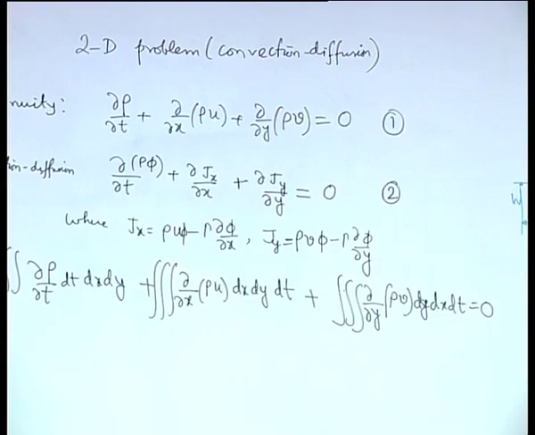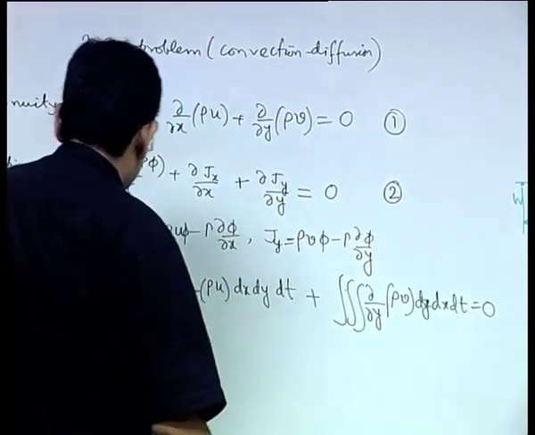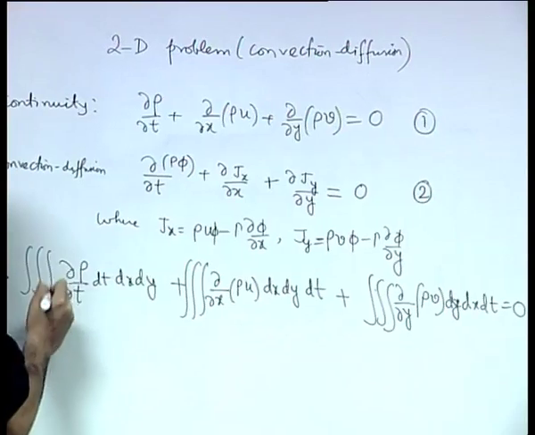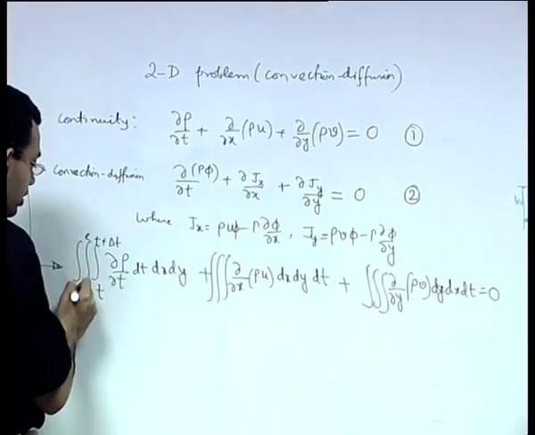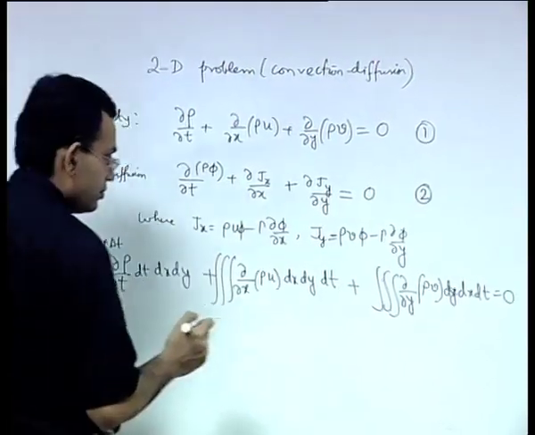The limits of integration are from time t to t plus delta t, from x small w to small e, y small s to small n.